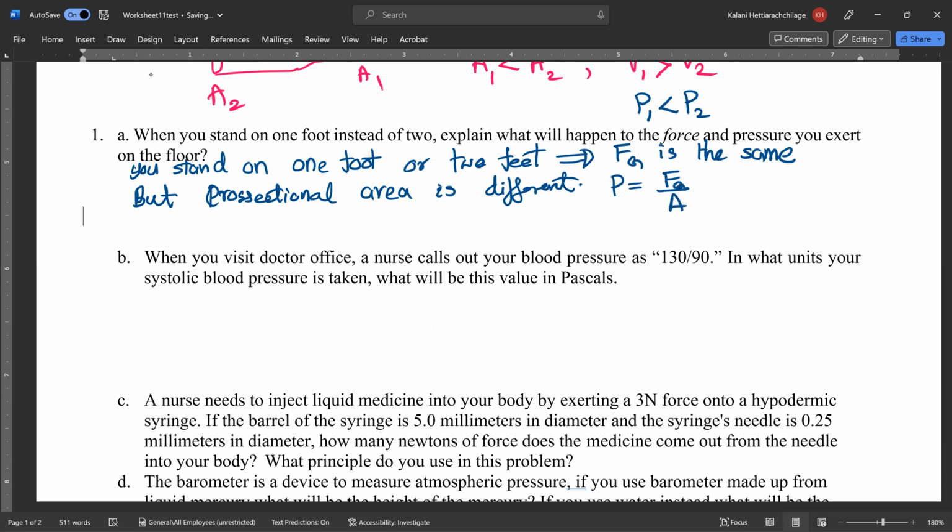So now this is the force of gravity. When you stand on two feet, you basically increase the cross-sectional area. That means what you are doing is decreasing the pressure.